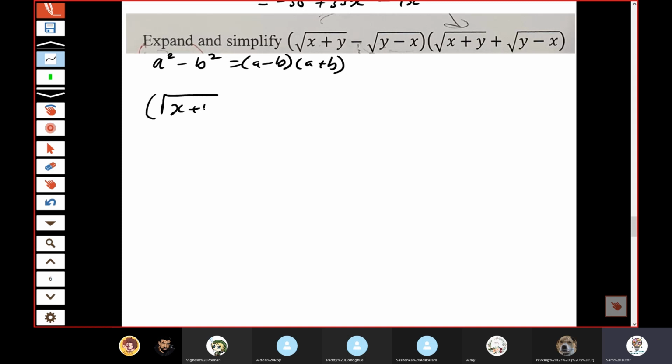Square root of x plus y squared minus square root of y take away x squared. So a squared minus b squared. Easy? When you realize the difference of 2 squares, a squared minus b squared, then you cross out.